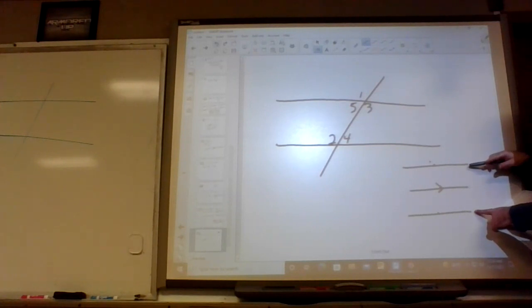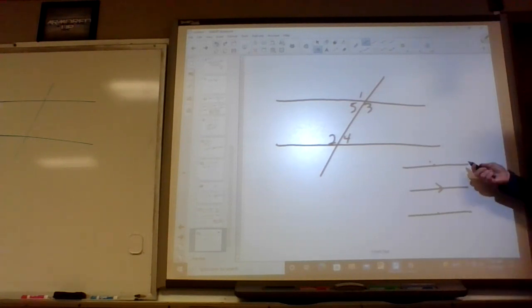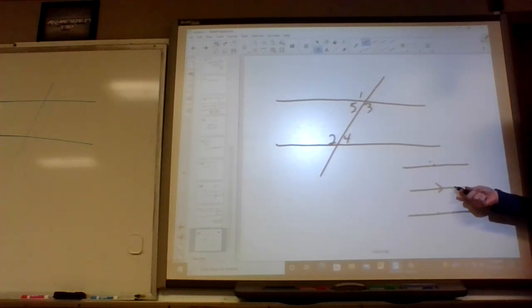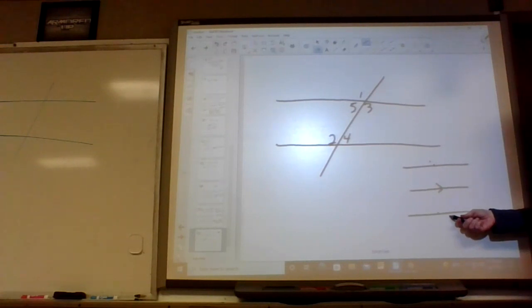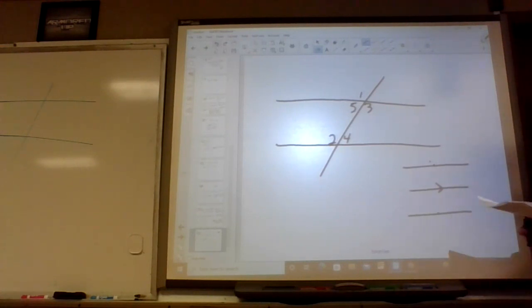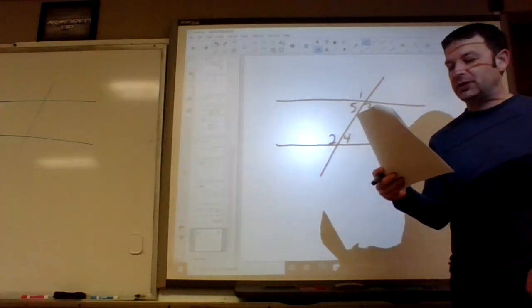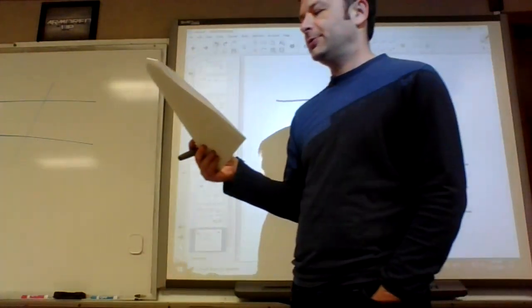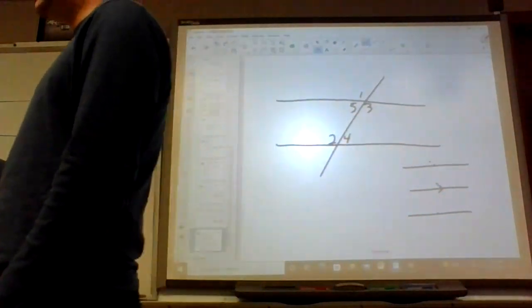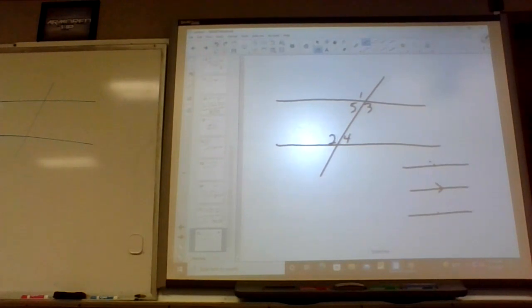It's not quite transitive, but we're not going to write transitive anyway. If this is parallel to this and this is parallel to this, then these two are parallel to each other, right? So we're going to put: if 2 lines are parallel to the same line, comma, then they are parallel to each other.